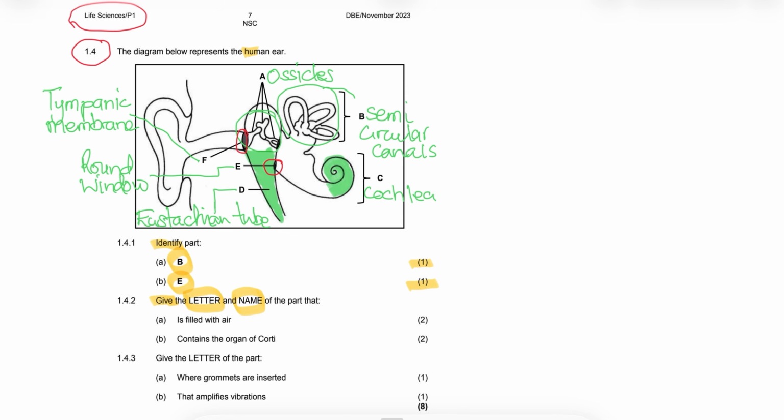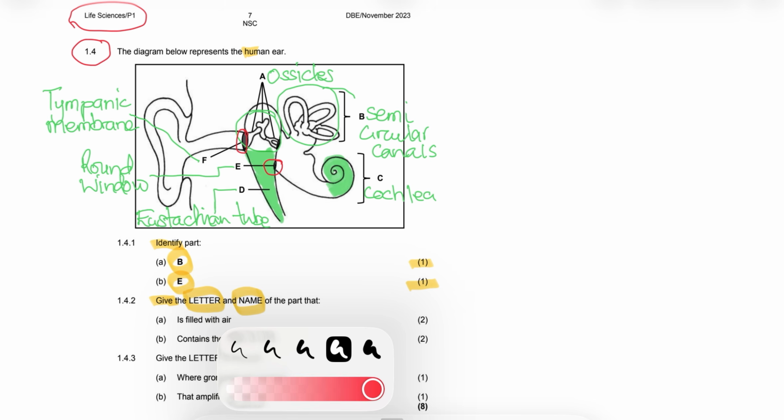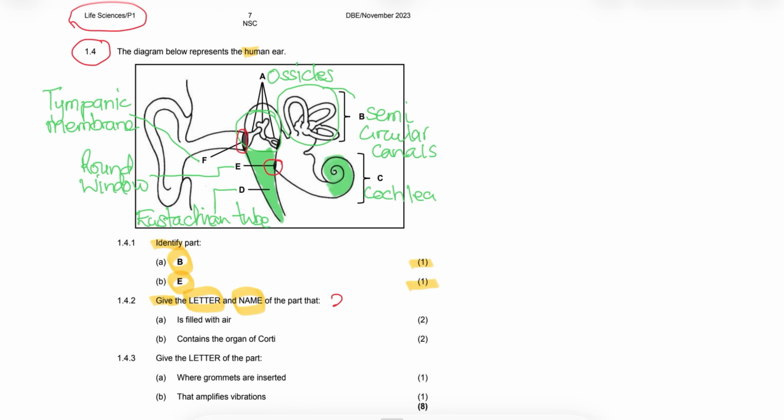Let me use red. And also you look at the mark allocation, you will see that each question is allocated 2 marks.